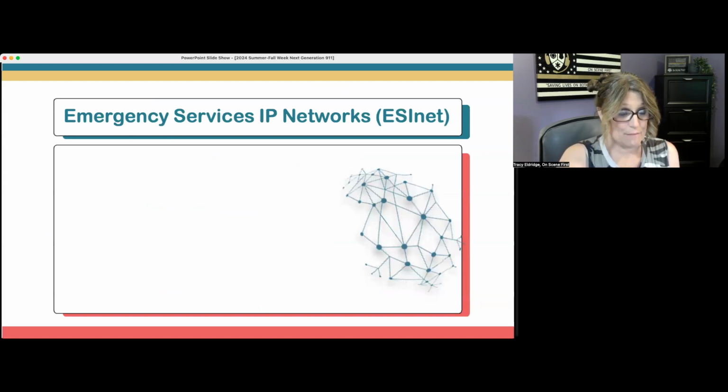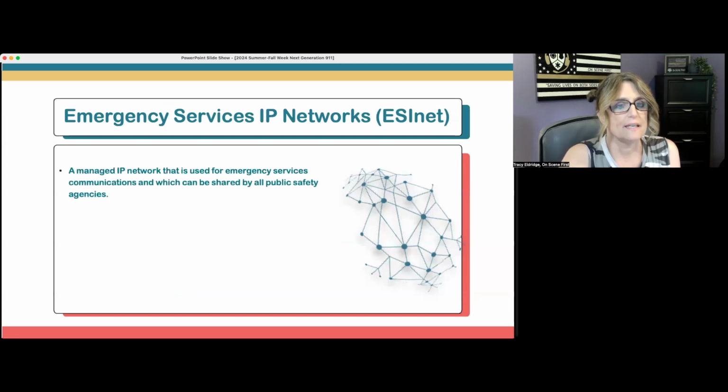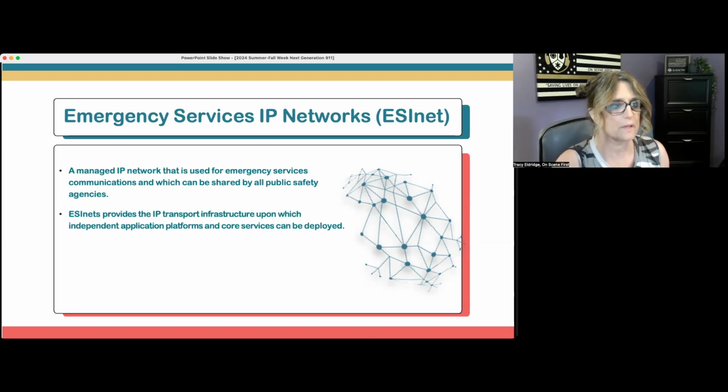ESInet, Emergency Services IP Networks. A managed IP network that is used for emergency services communications, and which can be shared by all public safety agencies. Like I said, the goal is to be able to get everybody on an ESInet and that those ESInets can talk to each other flawlessly.